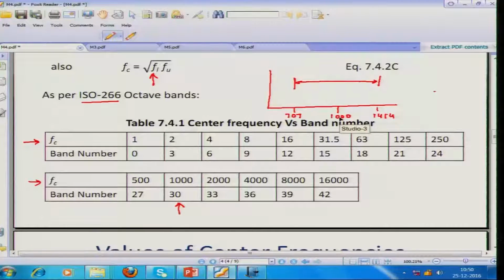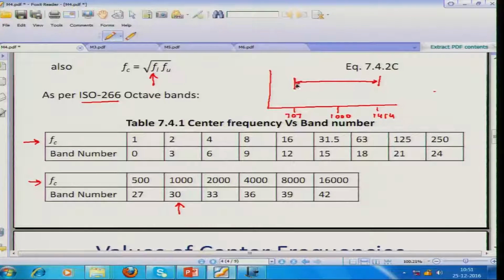The other thing to note is that a lot of times people say that these bands are very wide, especially as frequency goes up. So, there are a lot of frequencies within each band. So, they say that they are not interested in getting the results for octave bands, but they want the result in 1/3 octave bands. In a 1/3 octave band, you take an octave band and break it up into 3 smaller bands.